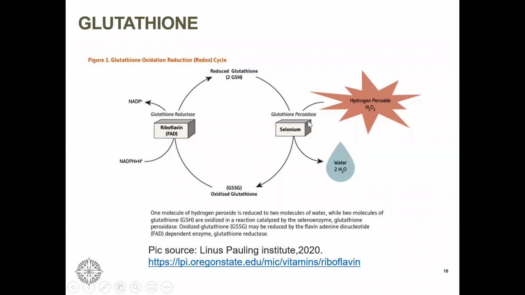This enzyme is able to convert hydrogen peroxide to harmless water. In doing so, this enzyme needs selenium as a cofactor. Have you heard that selenium is called an antioxidant nutrient? That's one of the reasons, because it supports our body's endogenous antioxidant.